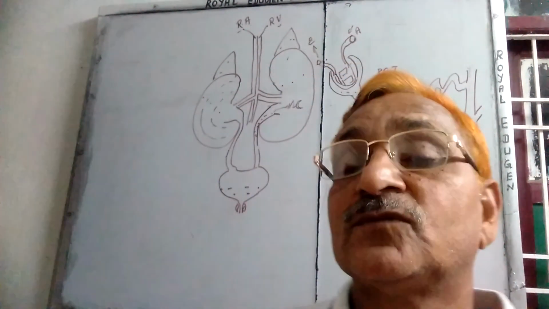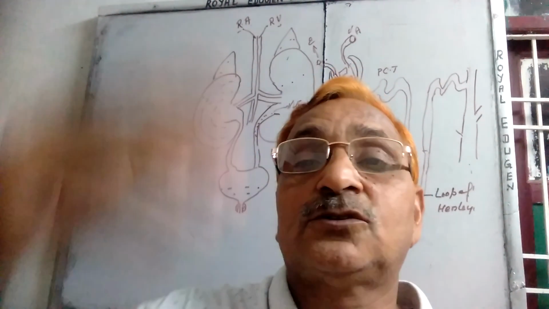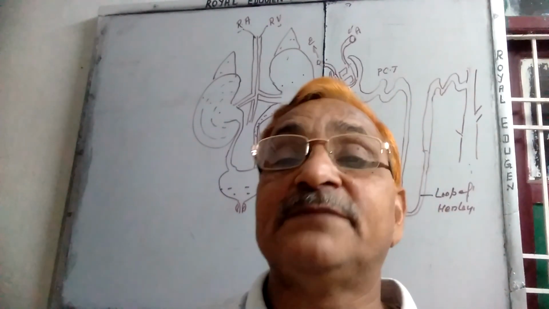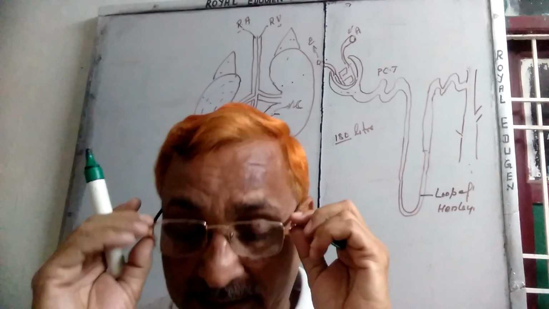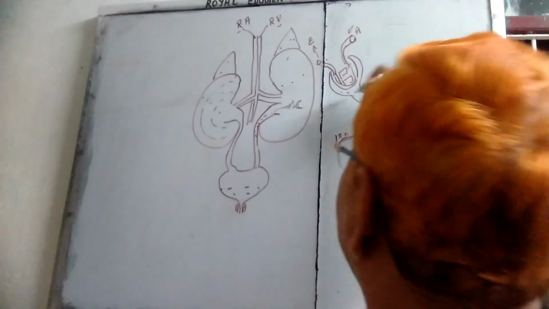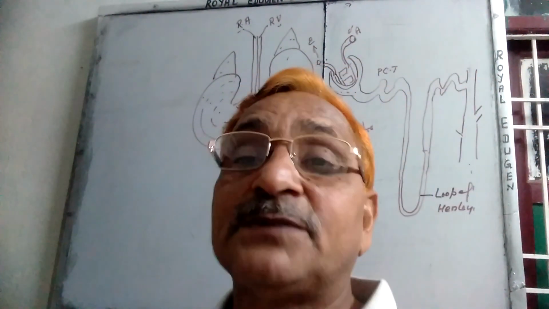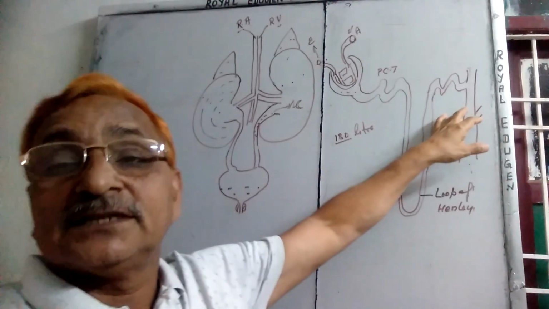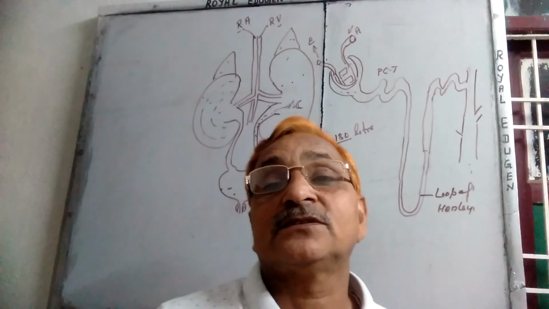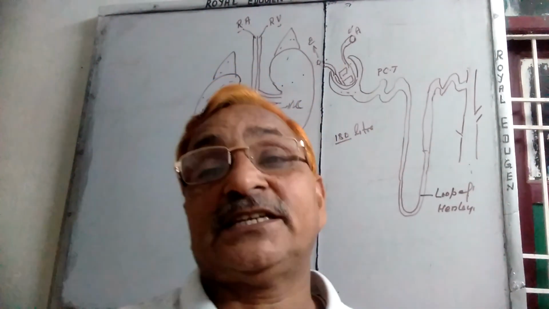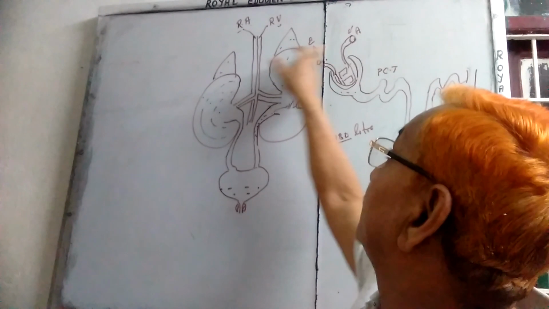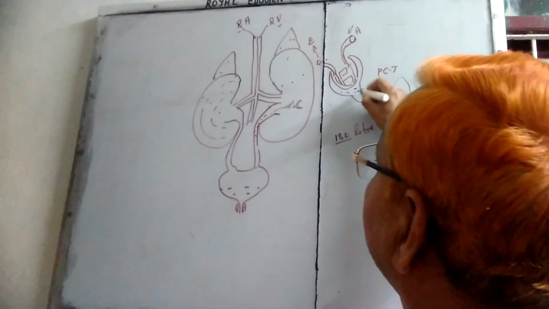In this filtration, there is a small slit through which the useful material as well as harmful nitrogenous waste both get eliminated. So 180 liters per day of glomerular filtration is done. But this long tubular structure, the PCT, loop of Henle and DCT, is designed in such a way that reabsorption takes place. So in excretion, three phenomena take place. One is filtration: with the help of pressure, the blood is filtered and the glomerular filtrate is collected.